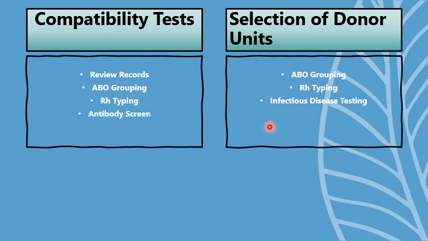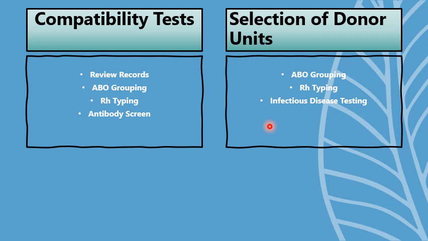So, if a patient has a detectable clinically significant antibodies, donor units selected for transfusion must be negative for the corresponding antigen. Kaya lang dito sa Pilipinas, wala tayong ganyan. So, it has been agreed or suggested that packed RBC should be requested instead of whole blood because mas nagkukos ng transfusion reactions ang whole blood units.